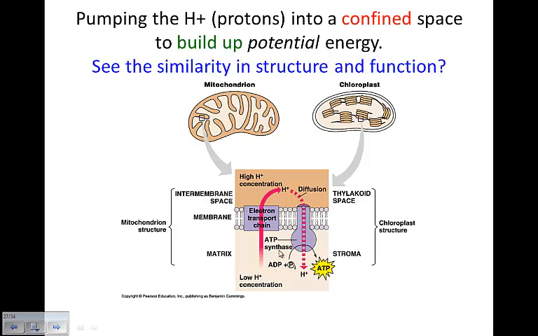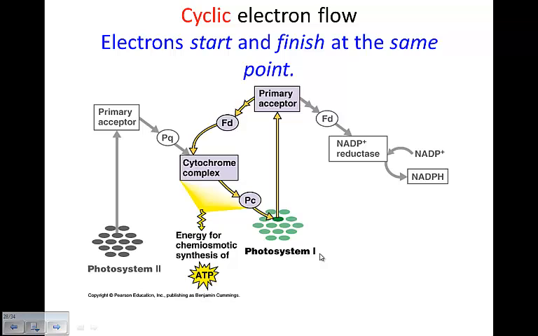Enzyme. Syntha, like synthesis. To make, and we're making ATP. This is the enzyme that's going to make ATP. And look what we're making. ATP.